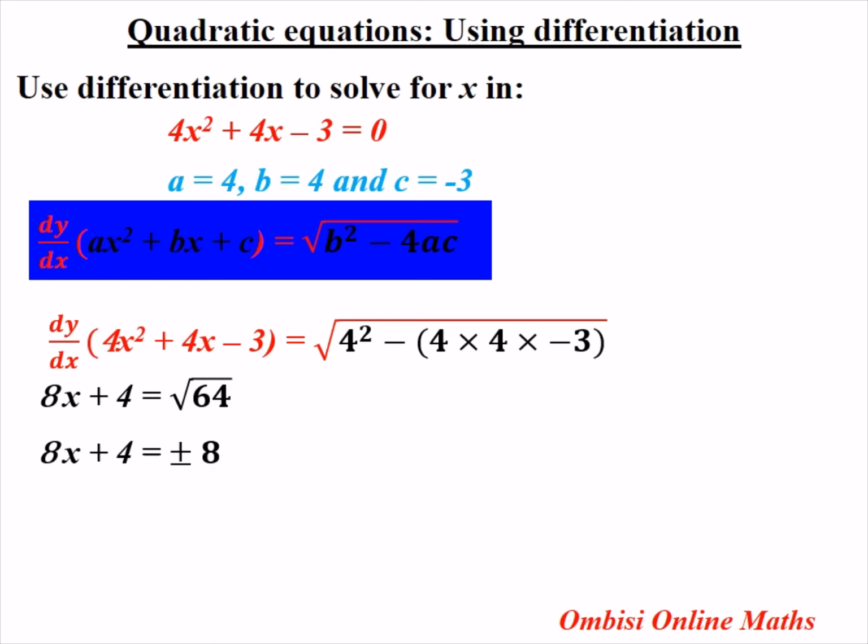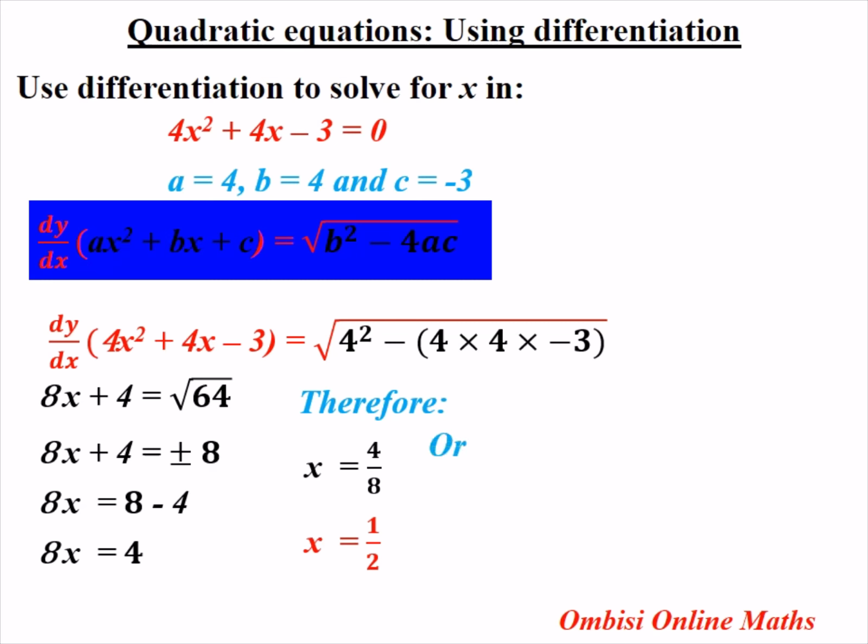So we are going to find the value of x first using positive 8, and second using negative 8. When the square root of 64 is positive 8, it means that 8x equals 8 minus 4, so 8x equals 4. Therefore, x equals 4 over 8, which simplifies to a half.